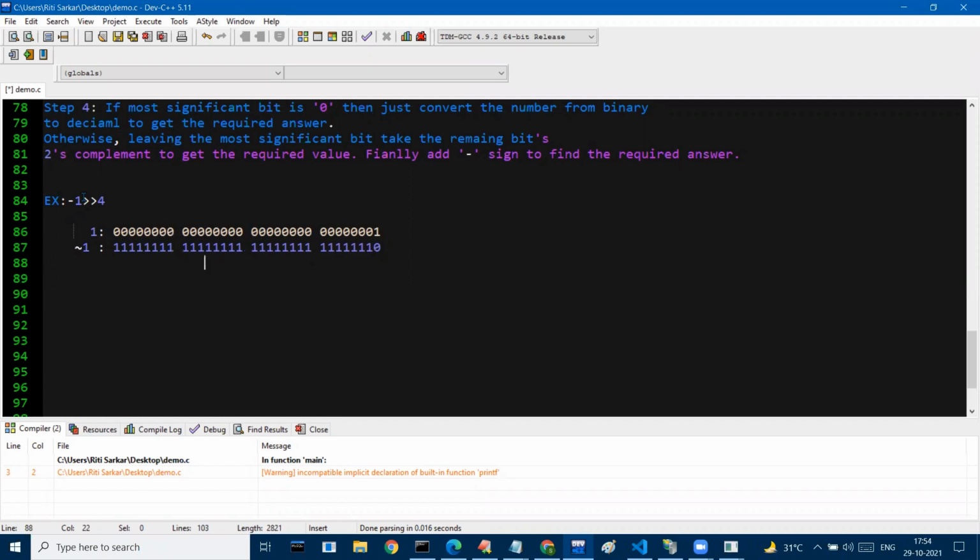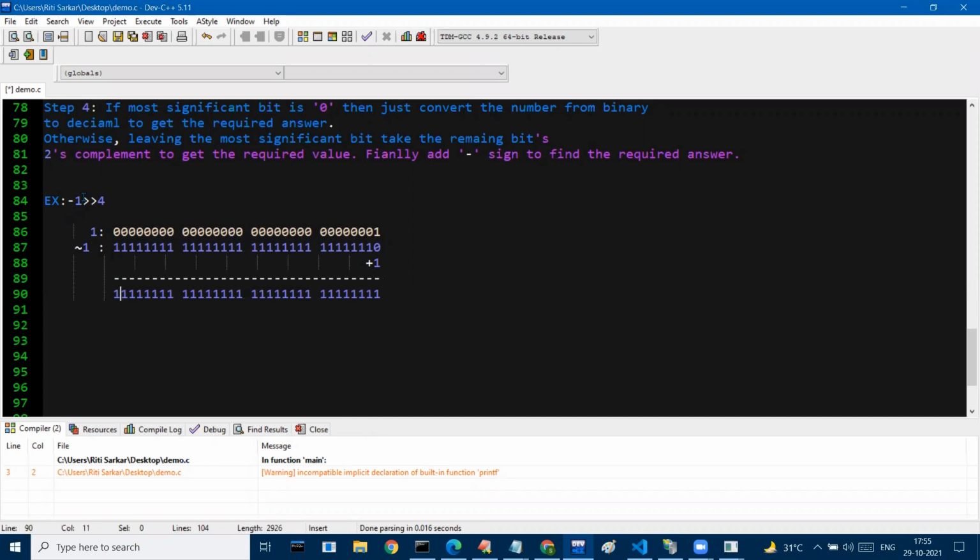What I need to do? Plus 1. Now you see, after taking the addition, all 1, na? So that means the 2's complement is nothing but negative number representation.